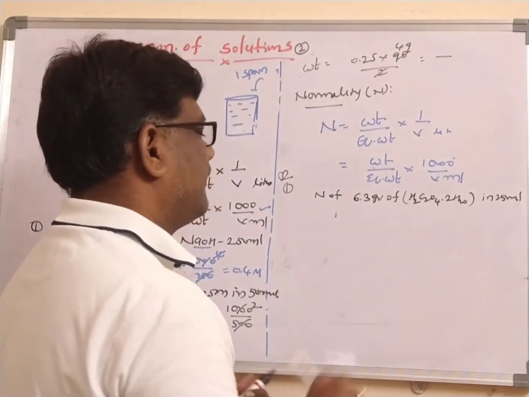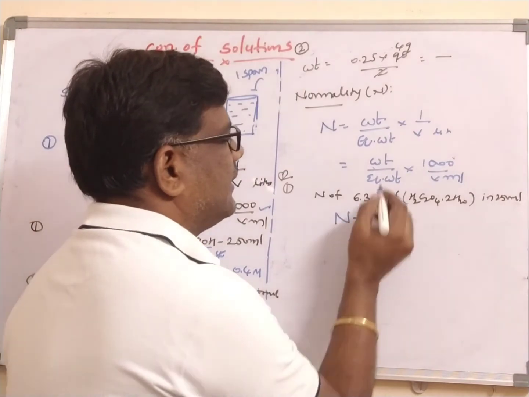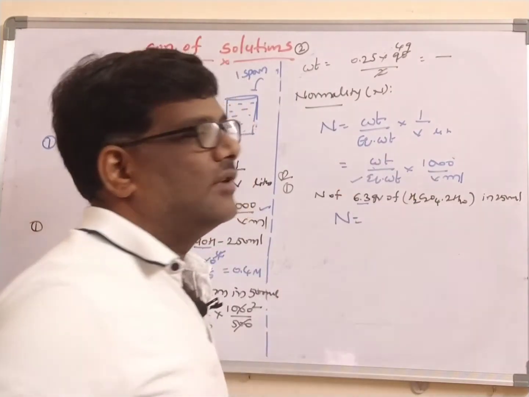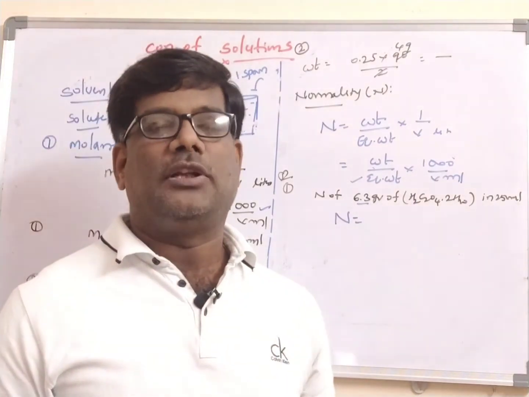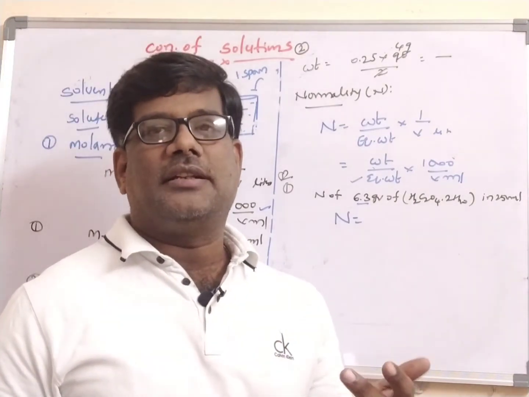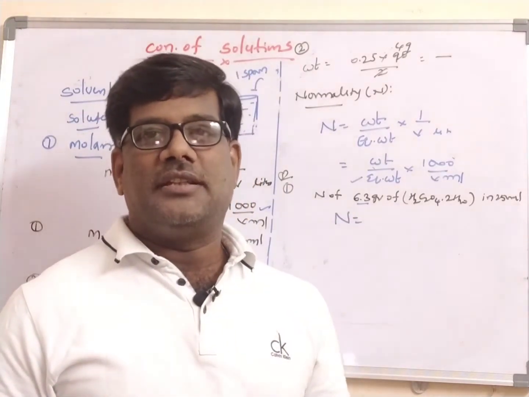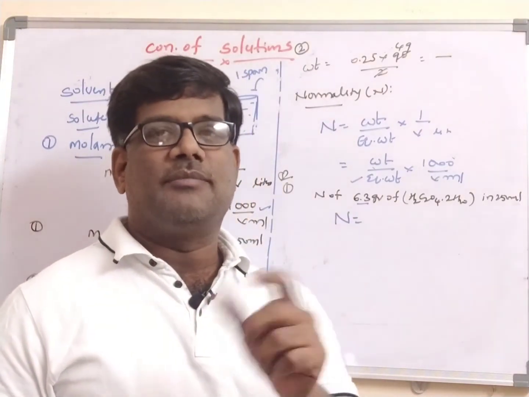So I am taking the formula: N is equal to weight of the oxalic acid 6.3, and here you have to calculate the equivalent weight, not the molecular weight. The equivalent weight of the acid, base, salt and oxidizing and reducing agent I gave in the earlier video.